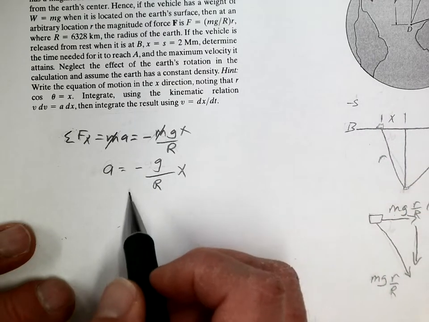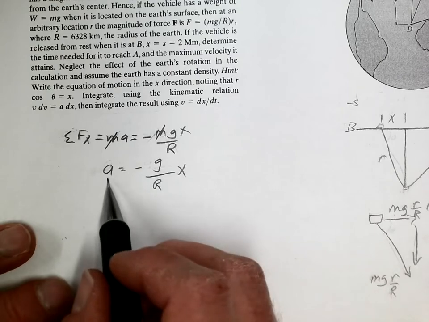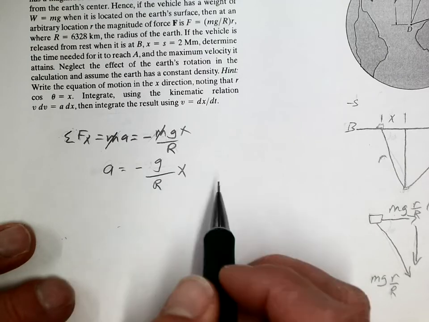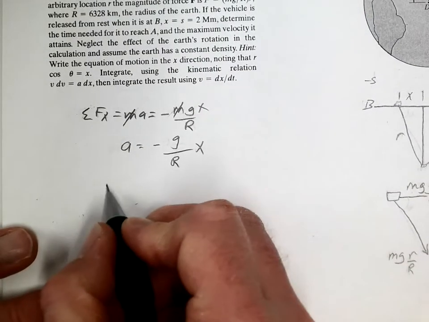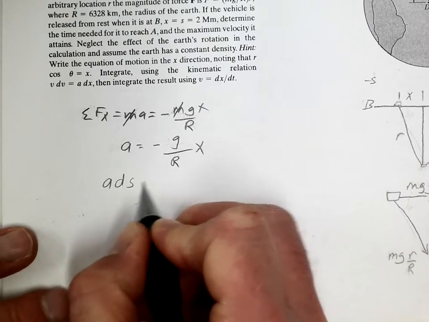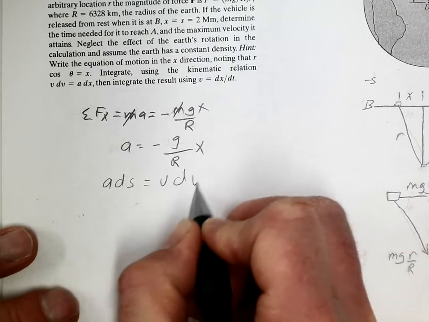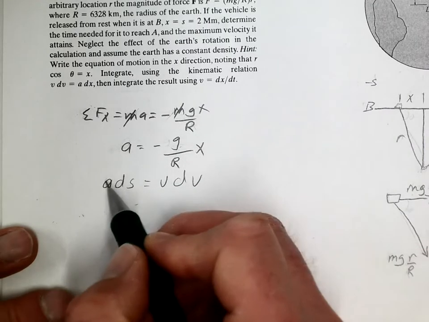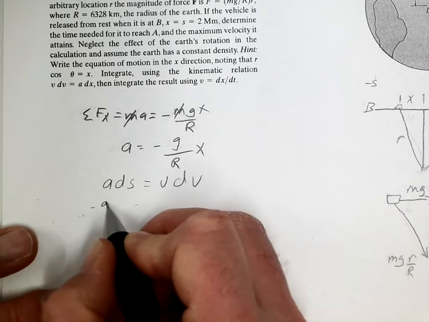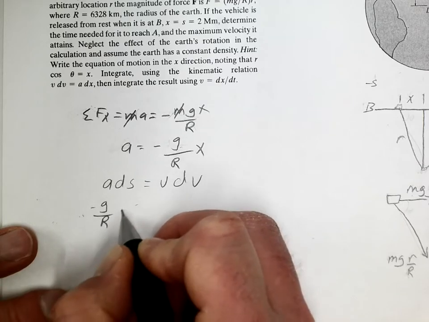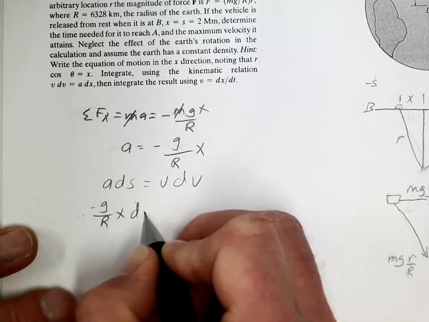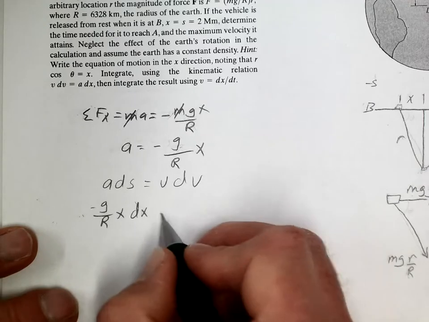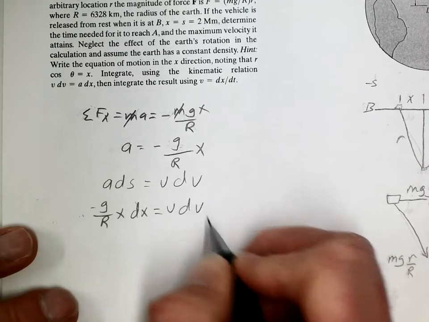And we want to find, well, first we'll find velocity. So we don't have time, so we'll use the equation a ds equals v dv. Let's put this into there. Negative g over R x, and now instead of ds, we're going to do dx equals v dv.